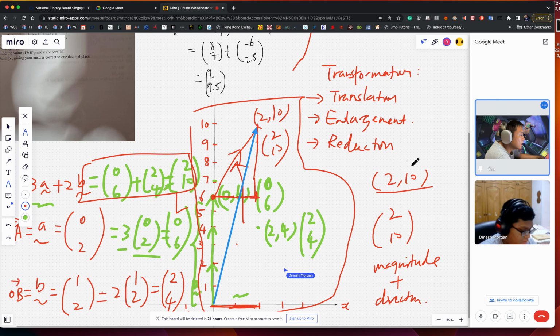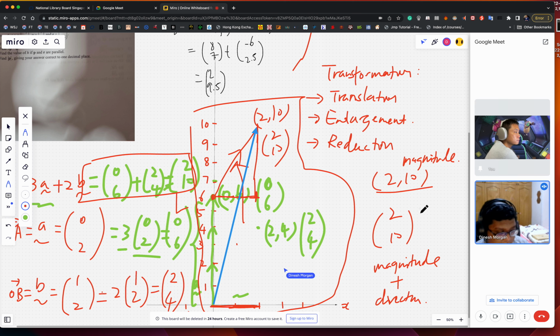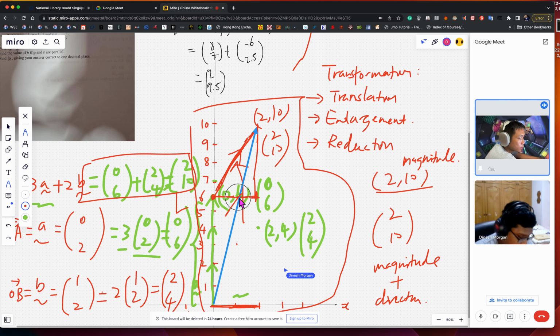For this, I think we care about the magnitude only. But the column vector doesn't show direction? How does it show direction?